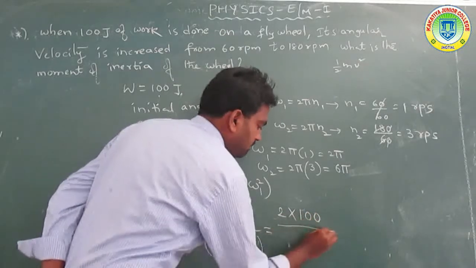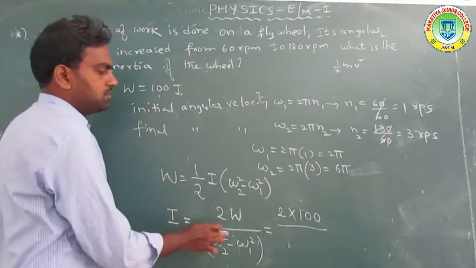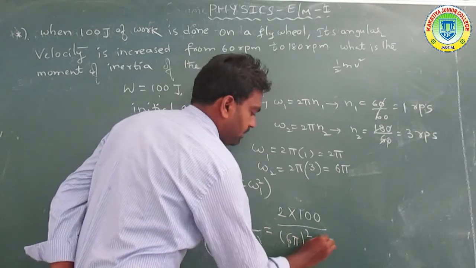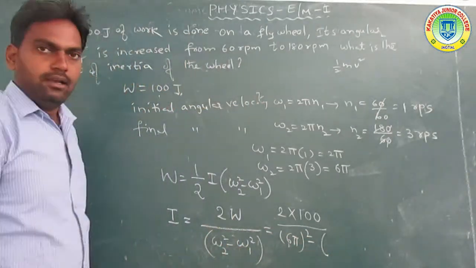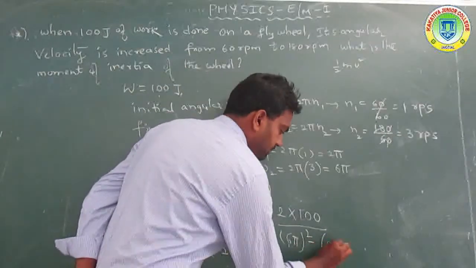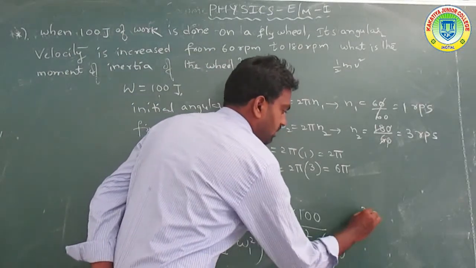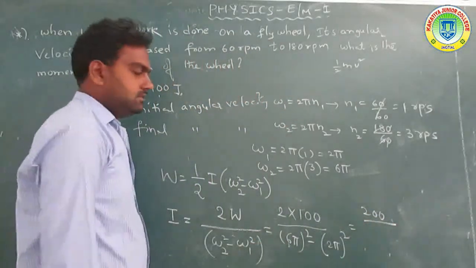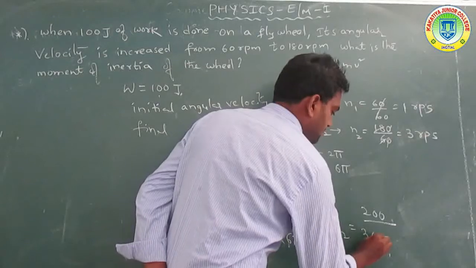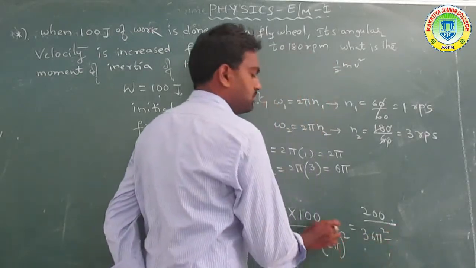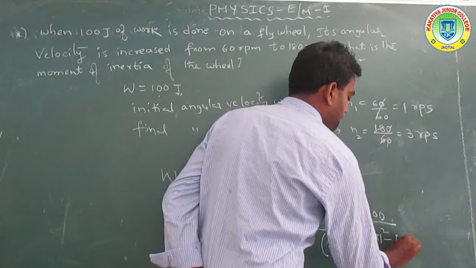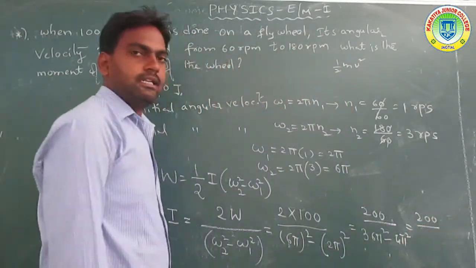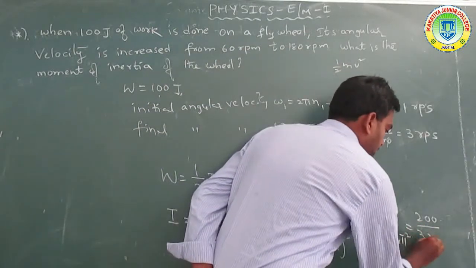Omega 2 square is 6 pi whole square, minus omega 1 square, which is 2 pi whole square. So 200 by 36 pi square minus 4 pi square, which is 200 by 32 pi square.